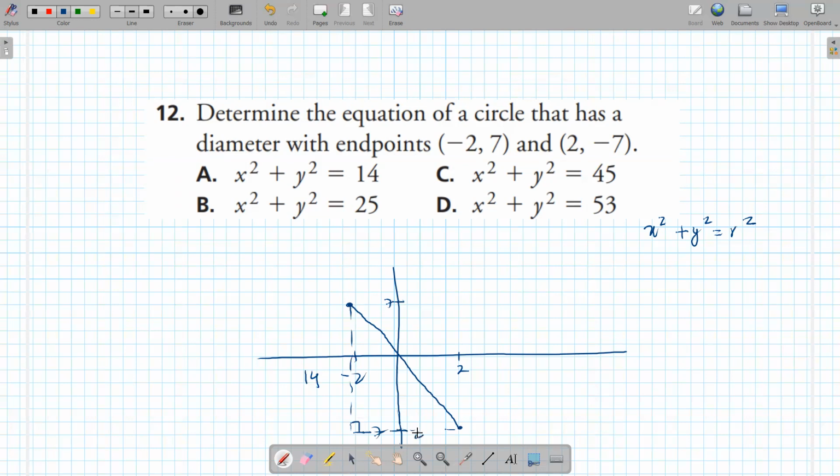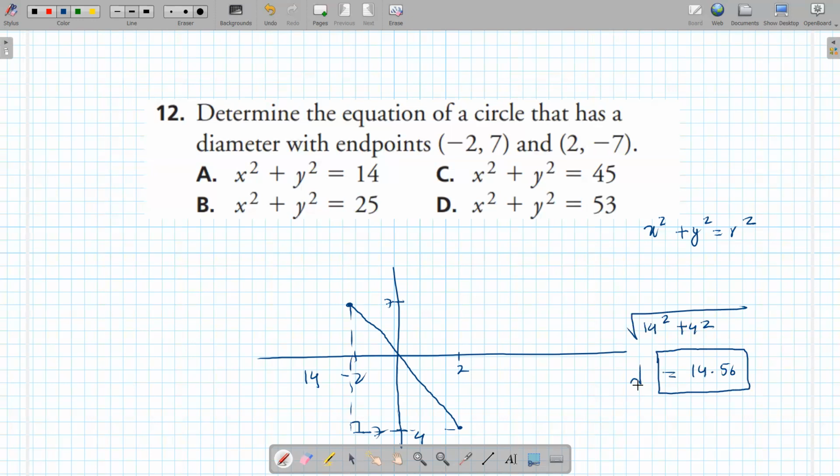It's 4, which means this distance here, the hypotenuse, is our c value, 14 squared plus 4 squared, 196 plus 16, which gives me about 14.56. That is our diameter.